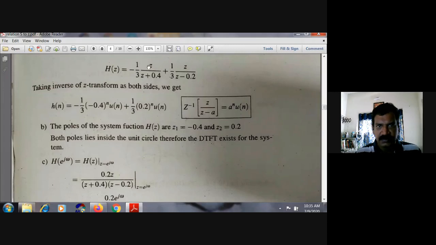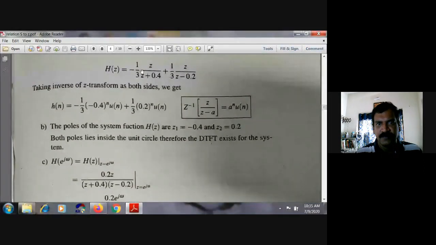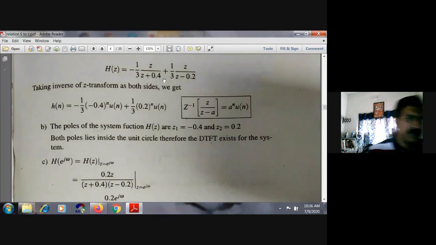This is in the standard form z by (z plus a), or you can say 1 by (1 minus a z raised to minus 1), either way. So minus 1 by 3 into a, which is minus 0.4, raised to n into u of n. z by (z minus a) is the actual standard form for an exponential sequence, that is why it is having a minus.